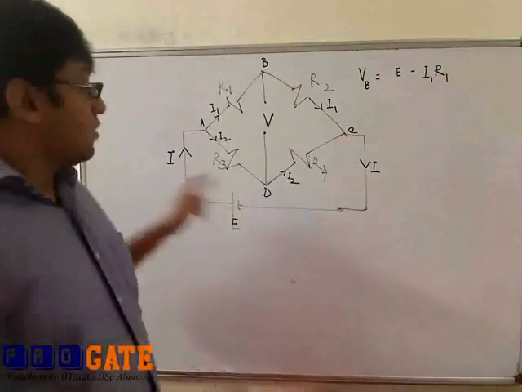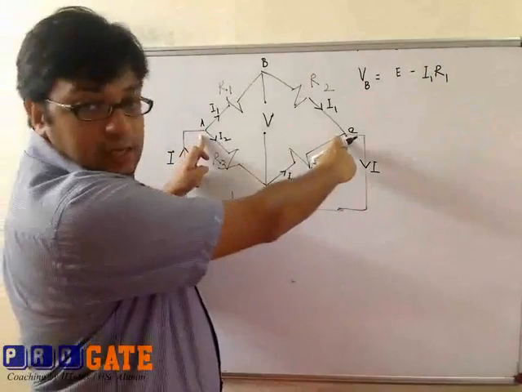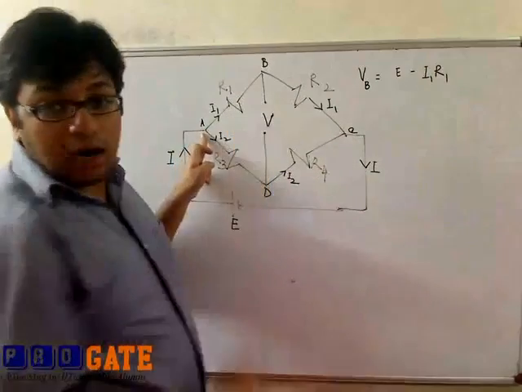It would be this voltage across AC minus the voltage drop across the resistor R1.